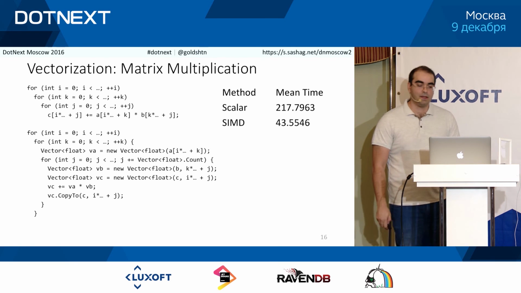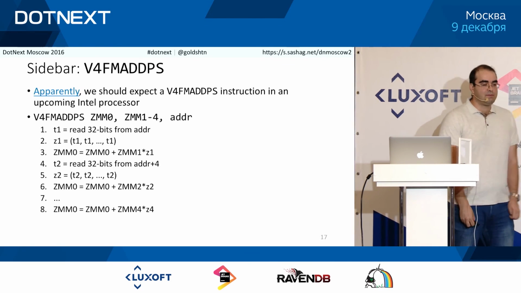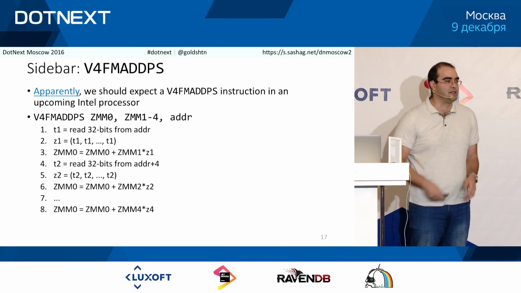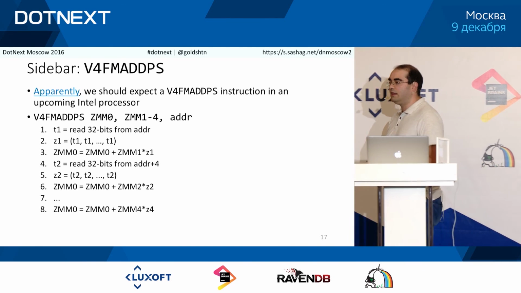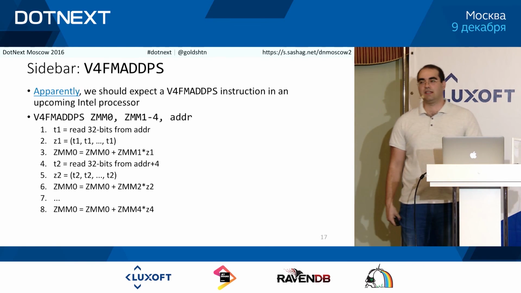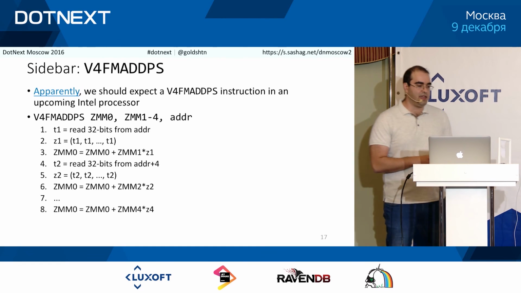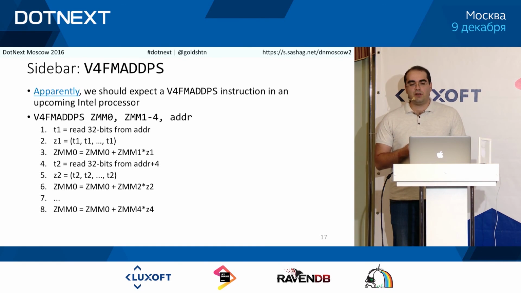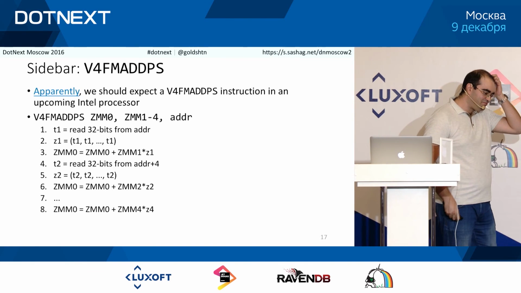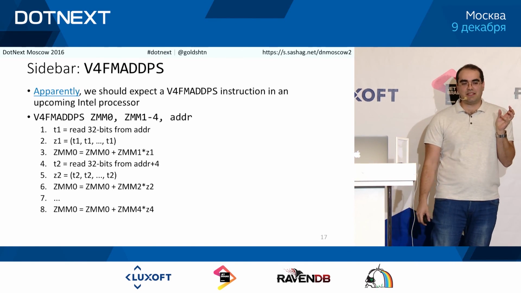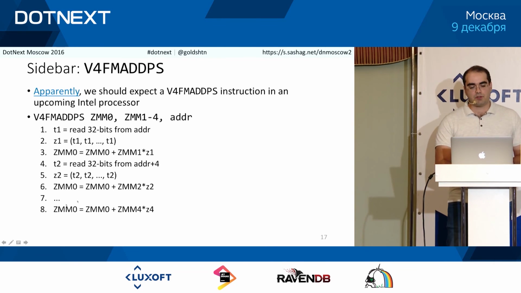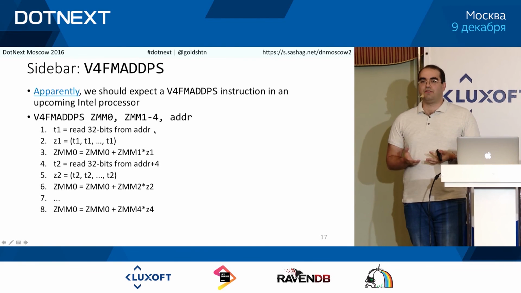So this might seem like such a corner use case, multiplying matrices, but it seems like Intel is going to add in an upcoming version of their processor just next year or so, an instruction called V4FMADDPS, which has some very complicated semantics. Try to look at this description and see if it reminds you of anything.